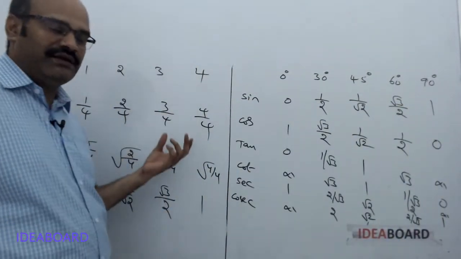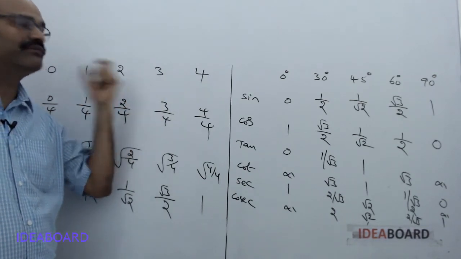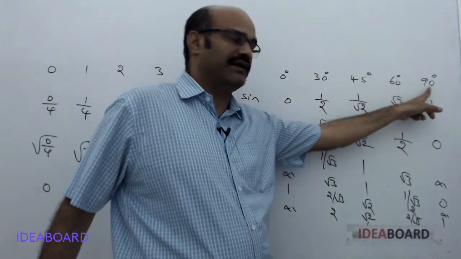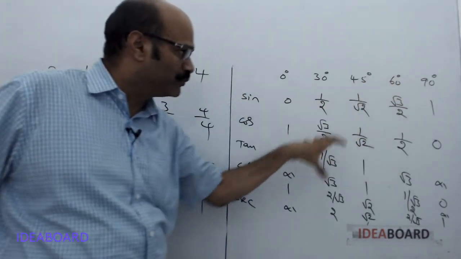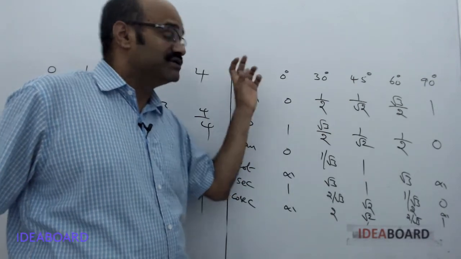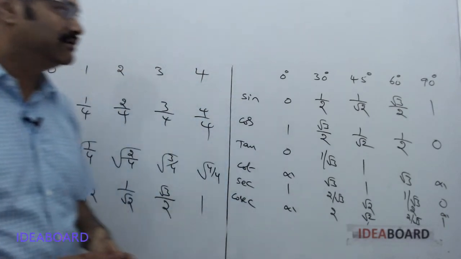Now this is the way to remember all the trigonometric ratios of angles 0 degrees, 30 degrees, 45 degrees, 60 degrees and 90 degrees. I told you how to prove, and also how to remember the values.